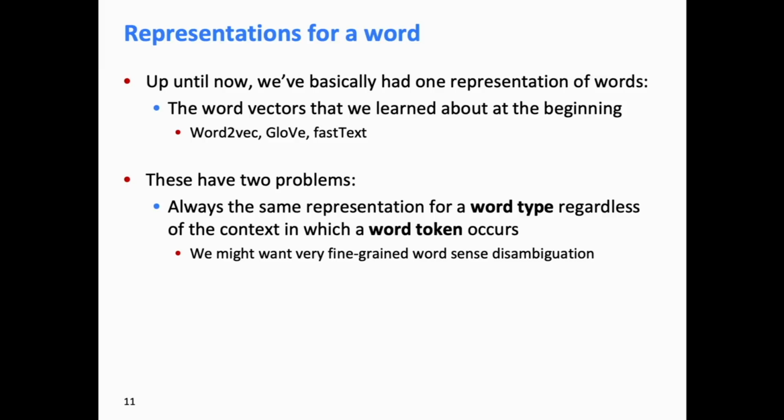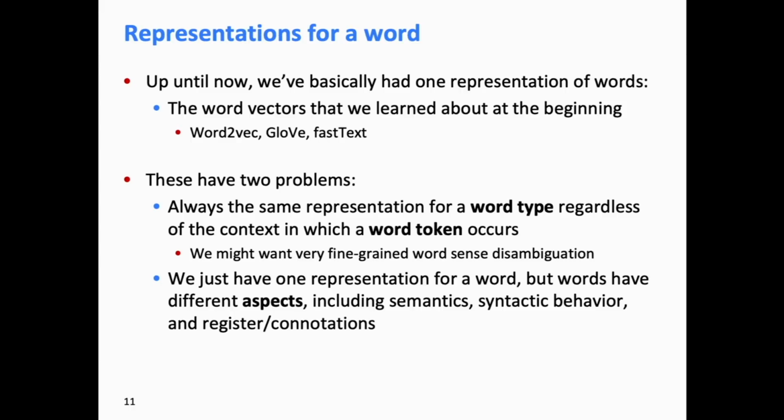There's a second limitation of these word vectors, which we haven't really talked about and is less obvious, but it's also something we might want to fix, and at least one of the models we discuss today takes some aim at that. We've just had one vector for a word, but there are different dimensions of a word.